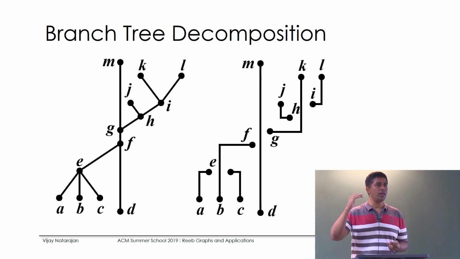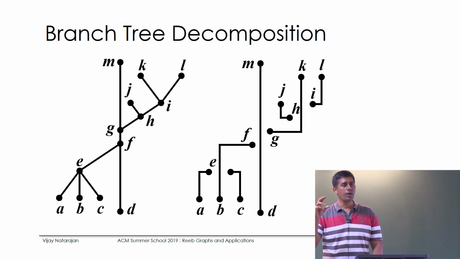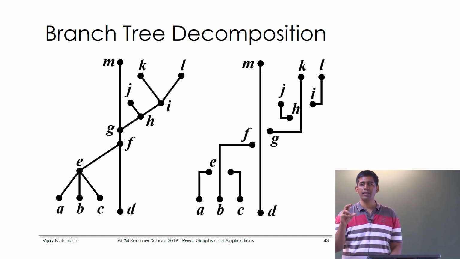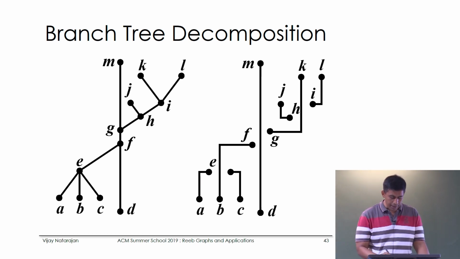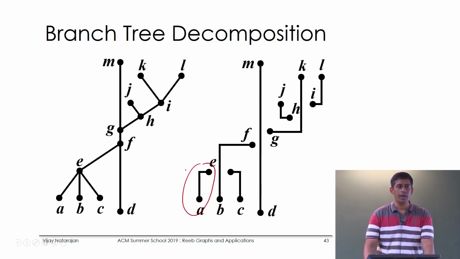As you remove the leaves iteratively, right, every leaf together with the arc connected to it becomes a branch, right. So, let us assume that this was one of the early leaves that was removed, right.